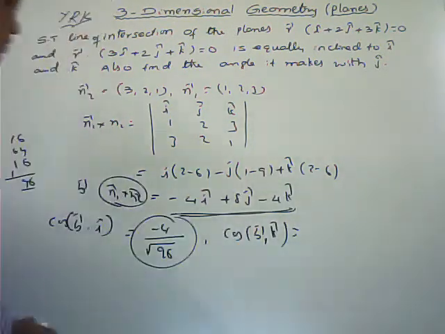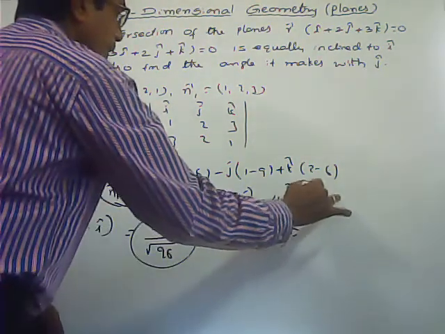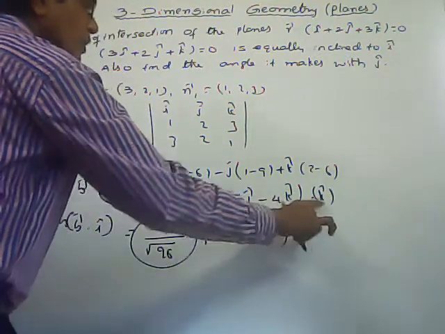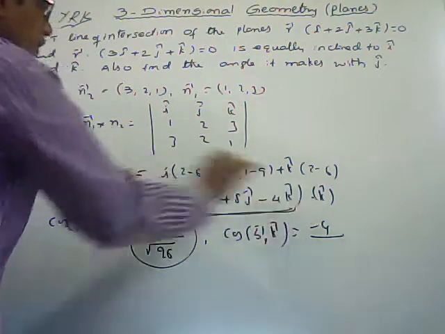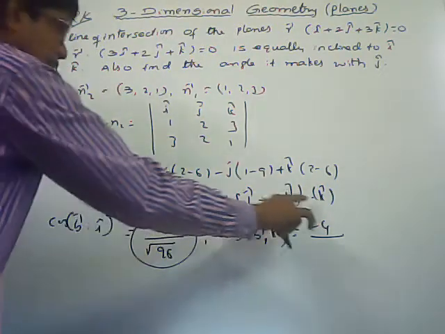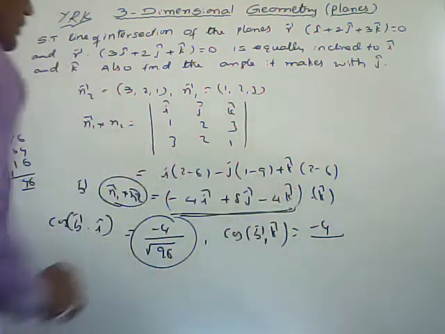What is the angle between b bar and k cap? That is the dot product of these two. Multiplied by k cap, the dot product is minus 4. Here j cap dot k cap is 0, and i cap dot k cap is also 0.